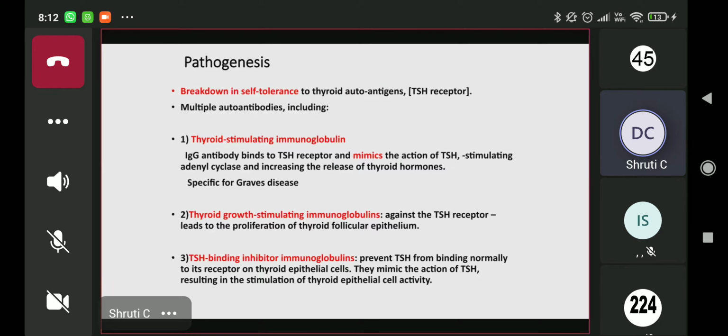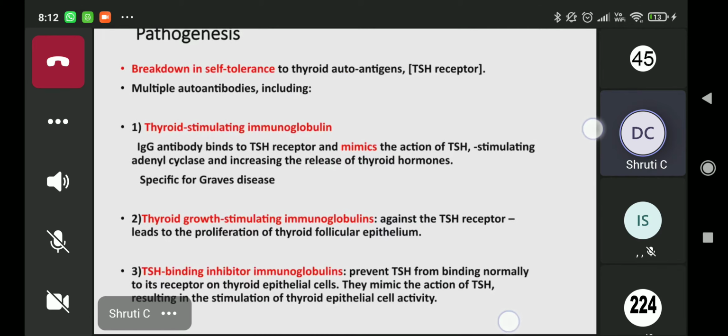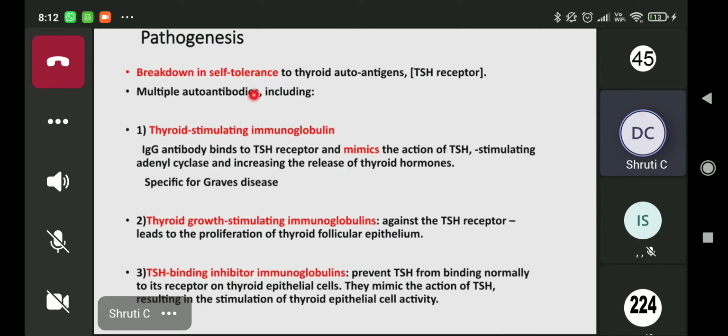Okay, so what is the pathogenesis of Graves' disease? You have learned this in the chapter on immunity, how autoimmunity occurs. So basically there is a breakdown in self-tolerance to the autoantigens, leading to the formation of multiple autoantibodies. The autoantibodies occurring in Graves' disease are thyroid stimulating immunoglobulin, which is very specific, thyroid growth stimulating antibody, and TSH binding inhibitor immunoglobulins.